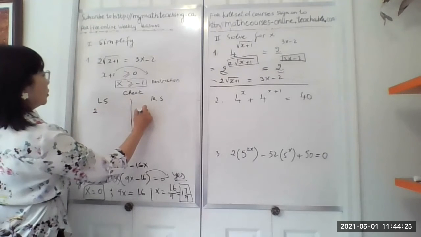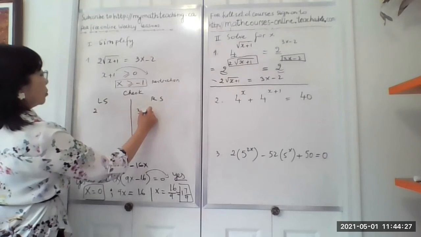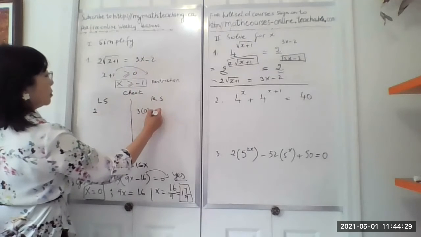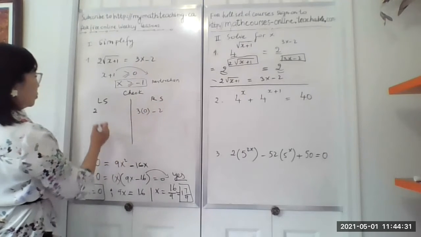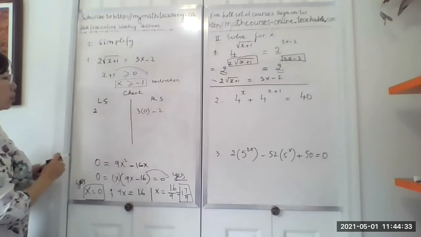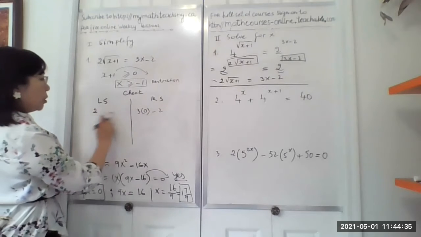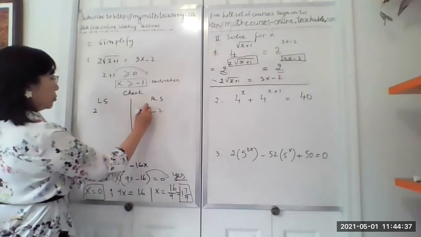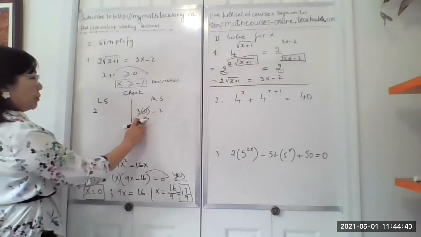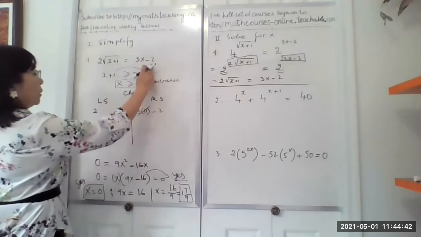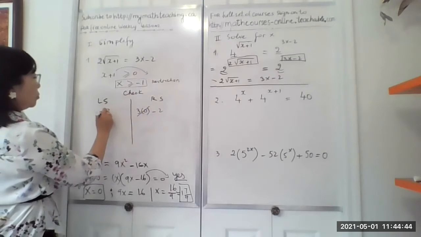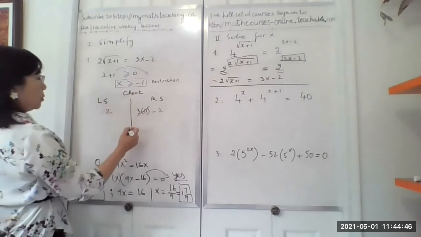And here I have 3 times 0, minus 2. So we are in trouble, because the right side becomes 0 minus 2, which is minus 2, and here we have 2.